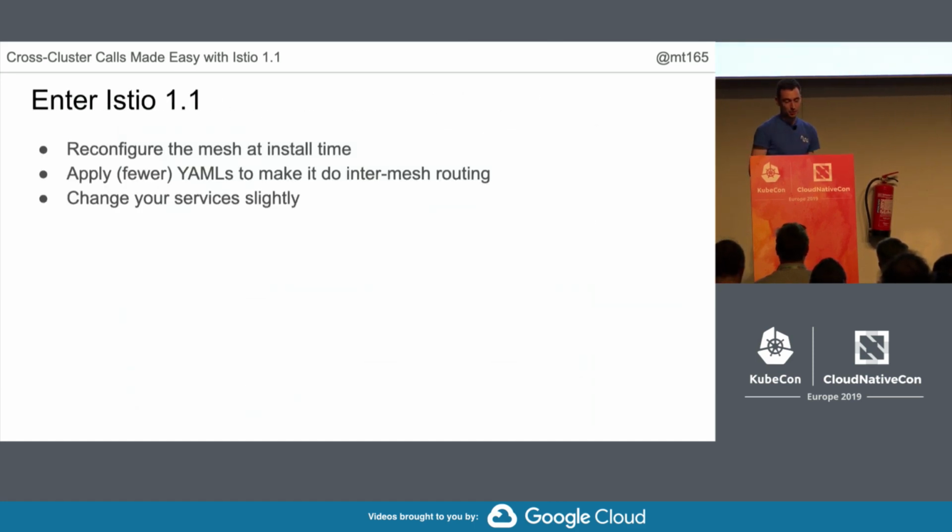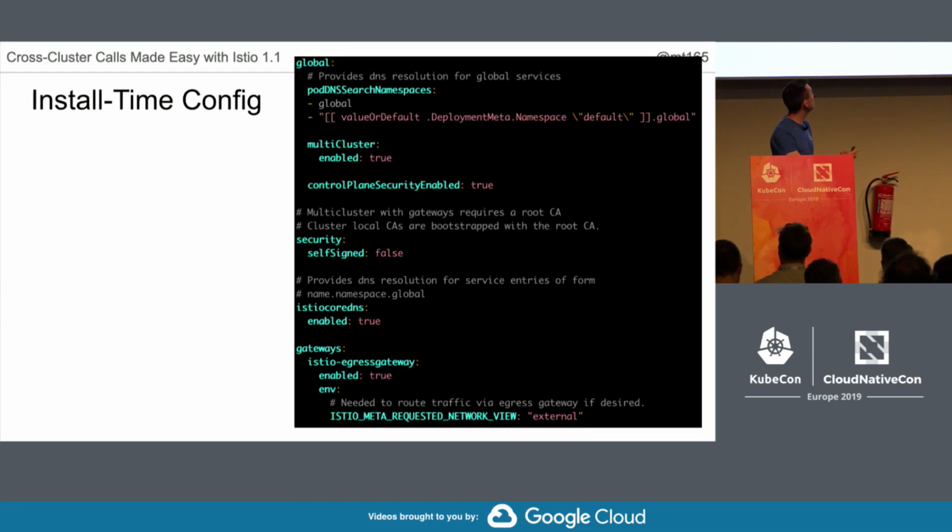But enter Istio 1.1. This is now first class-ish. There is more support than there used to be. I'll go through it quite quickly because I'm running a little bit out of time. We love YAML. So when you install Istio, which is a very flexible, powerful platform, the Helm chart for it is huge, absolutely massive.